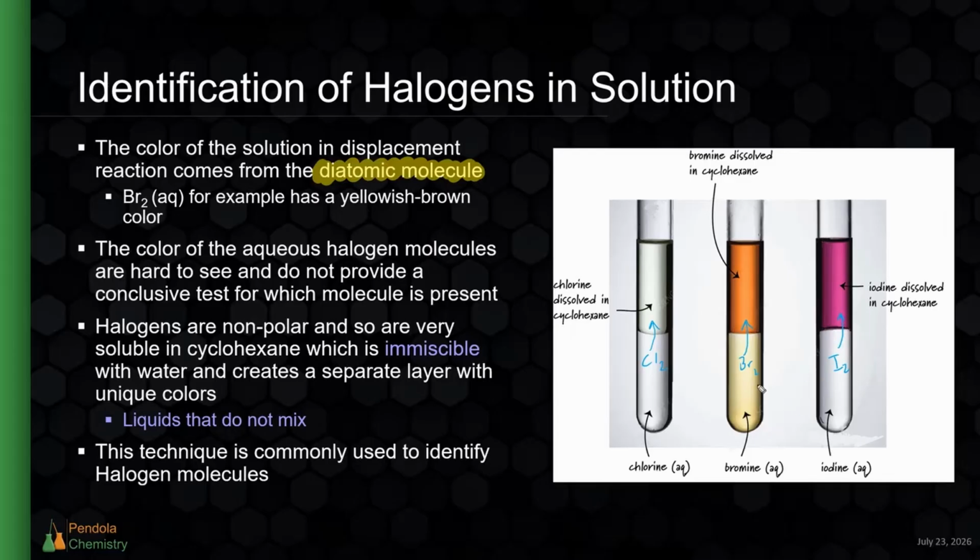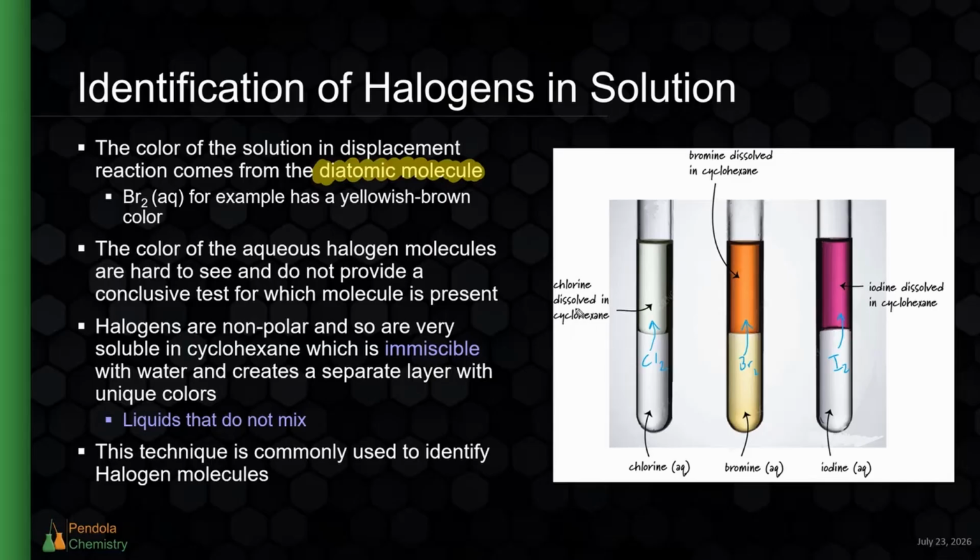A little bit of the halogen still stays dissolved in the water, but a lot of it goes and dissolves in the cyclohexane. And the thing about halogens and cyclohexane, they have really, really clear and amazing colors.